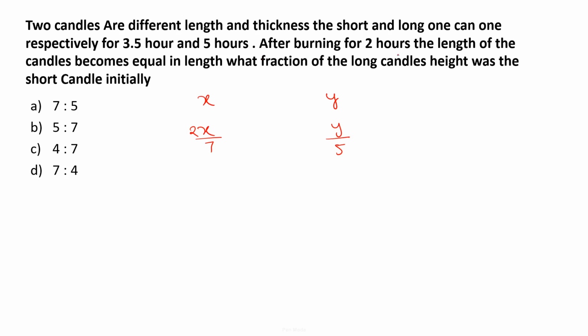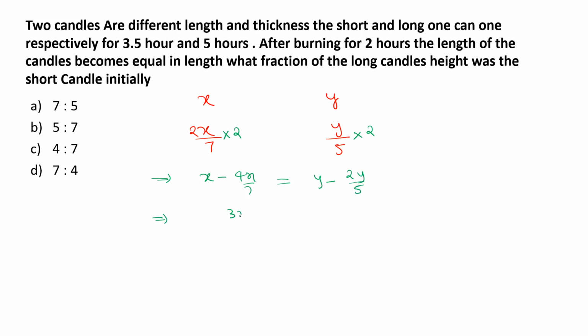In 2 hours the first candle burnt 2 times 2x by 7, and the second candle burnt 2 times y by 5. Then the remaining portions are equal. The remaining portions would be x minus 4x by 7, and this is equal to y minus 2y by 5.